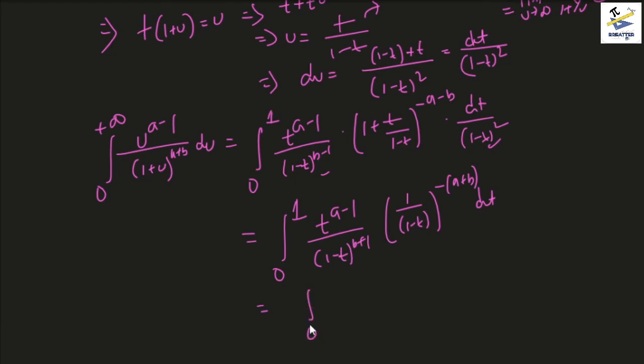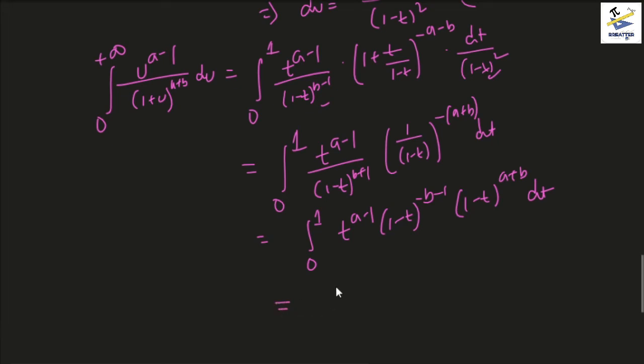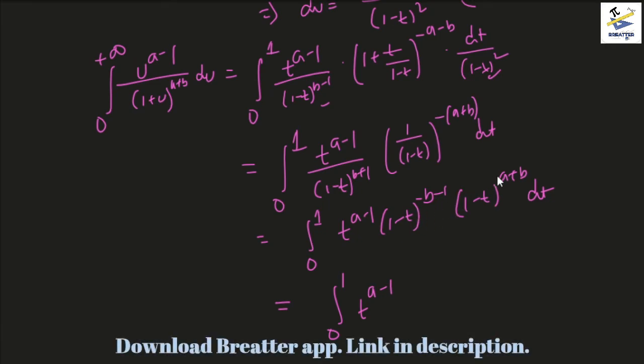This becomes 0 to 1 t to the power a minus 1 into 1 minus t whole to the power minus b minus 1, and this becomes 1 minus t whole to the power a plus b, because 1 by 1 minus t is already 1 minus t whole to the power minus 1, and the powers minus 1 and minus a plus b multiply out to give a plus b, and this gives you 0 to 1 t to the power a minus 1, and multiplying this, because they have the same base, the exponents will be adding up.